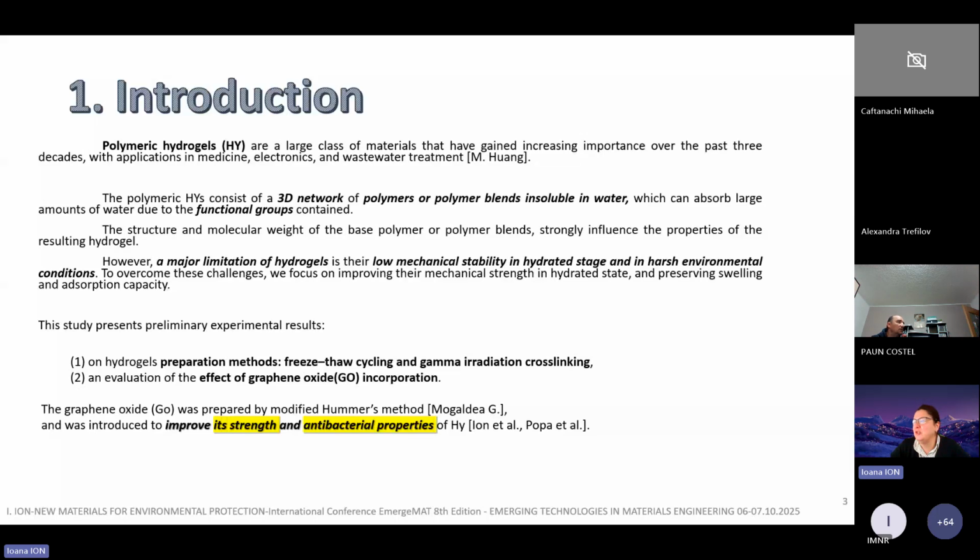To overcome this challenge, a lot of researchers and research papers are focused on improving these properties.